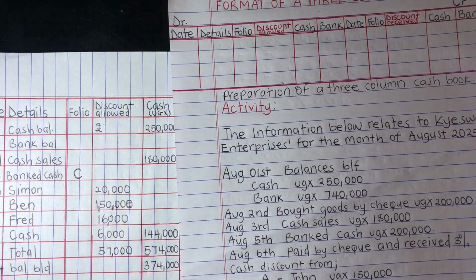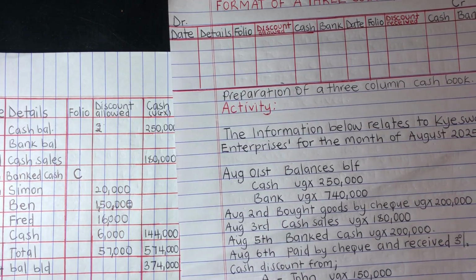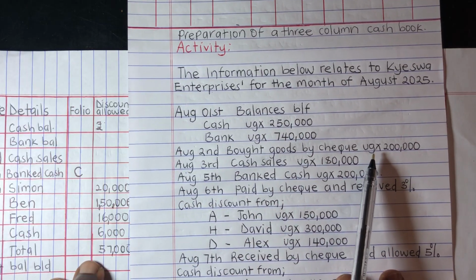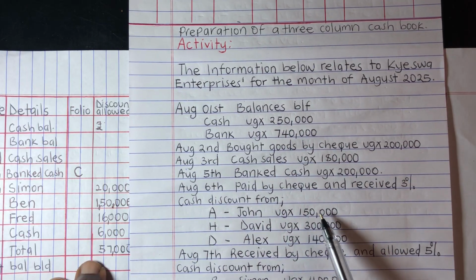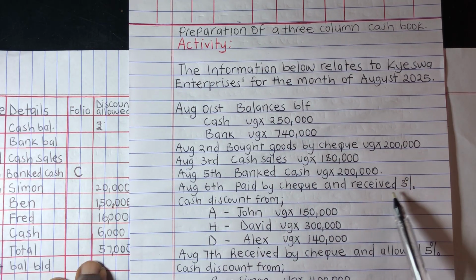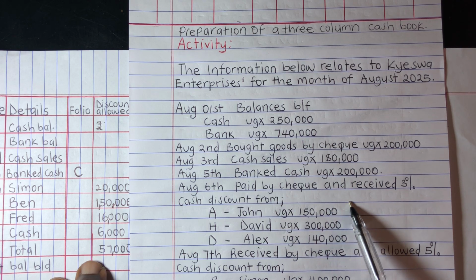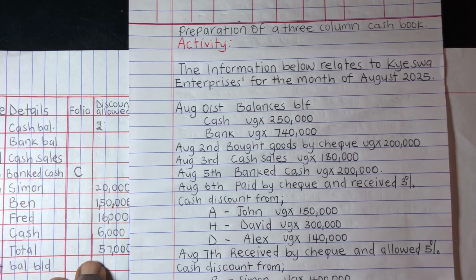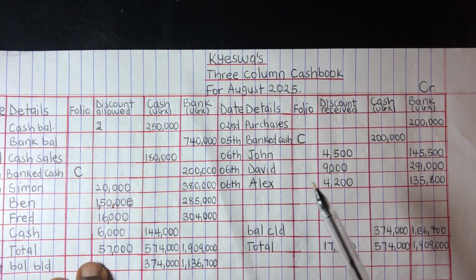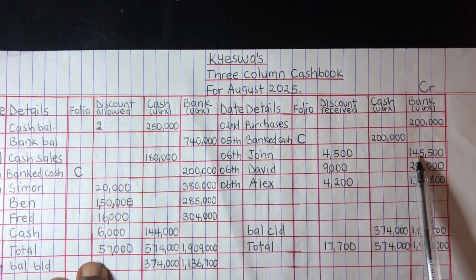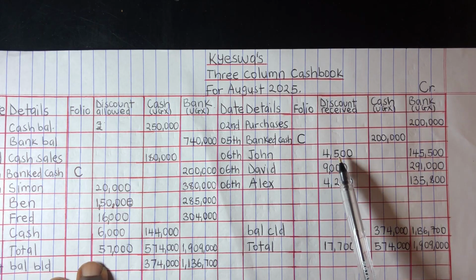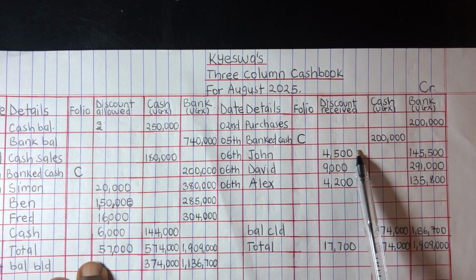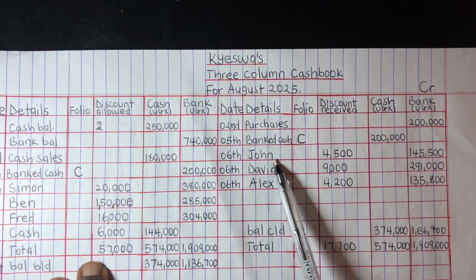He received a discount of 3%, 3 over 100 times this is 4,500. So you post this in the discount received and then reduce it from this. So he paid 145,500 because he was given a discount of 4,500. We are done with John.